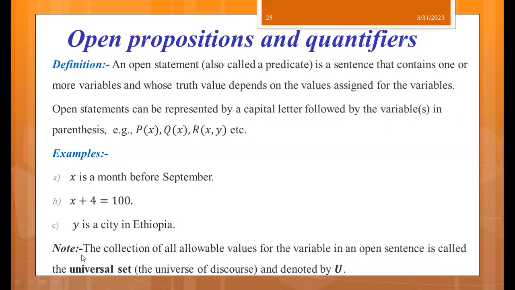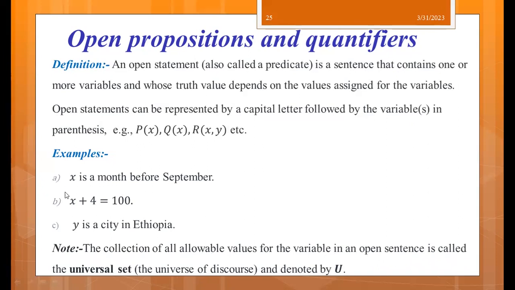Then, as a remark, the collection of all allowable values for the variable in an open sentence is called the universal set, or the universe, denoted by the capital letter U. For example, take x plus 4 is equal to 100.